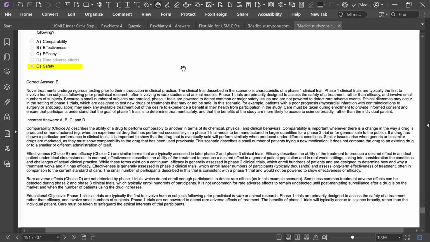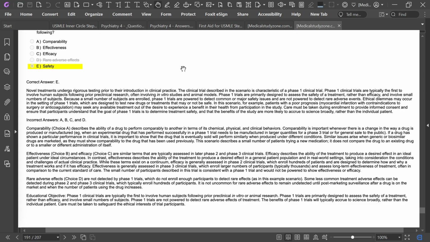While these terms exist on a continuum, efficacy is generally assessed in phase 2 clinical trials, which enroll hundreds of patients and are designed to determine how and why a treatment works, and if it has efficacy.